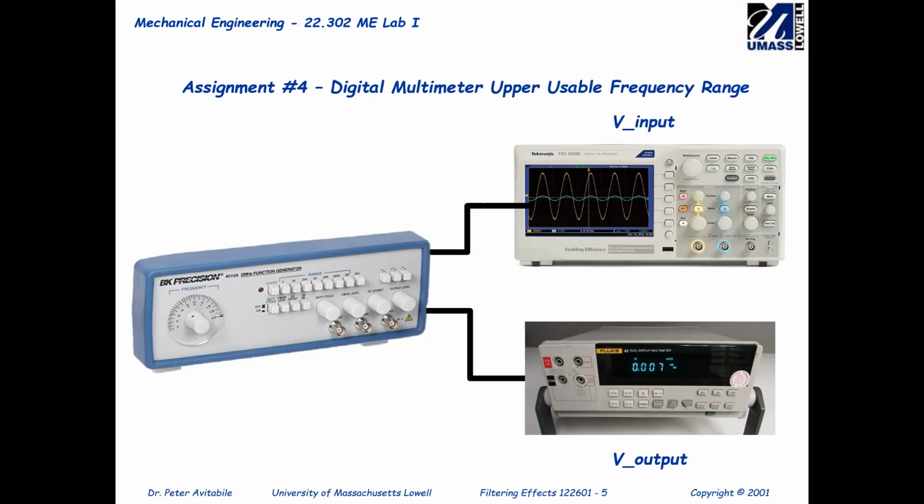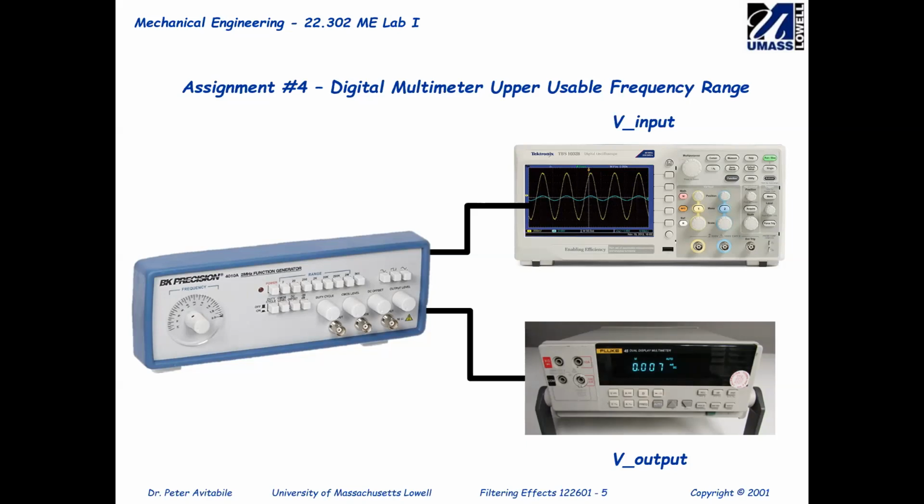If you take a look to the slide, you can see that the oscilloscope is going to be our voltage input, and the multimeter is going to be our voltage output. I'm going to continue reading. The 3 dB down point will be determined by generating a sinusoidal wave at a constant amplitude with the function generator.